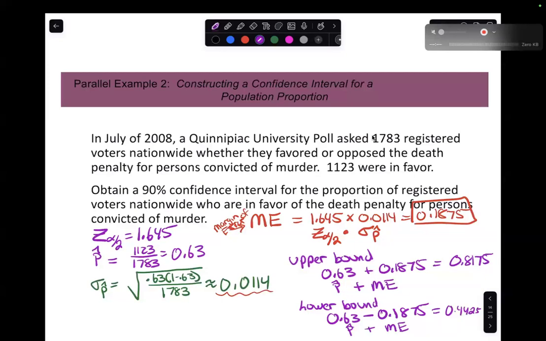No, I got... can someone confirm the upper bound? I also got 0.64875, at least when I just added the 0.63 plus 0.1875.